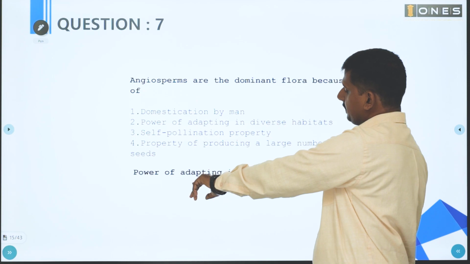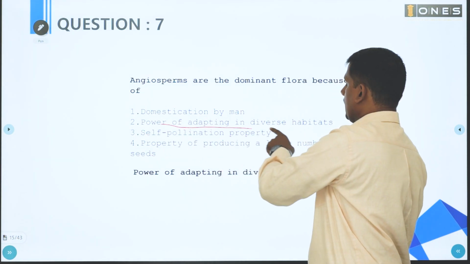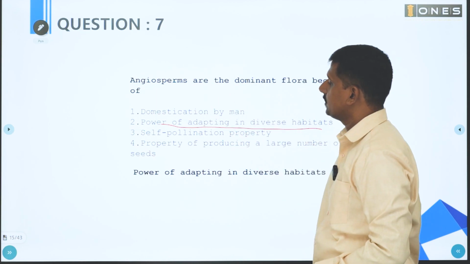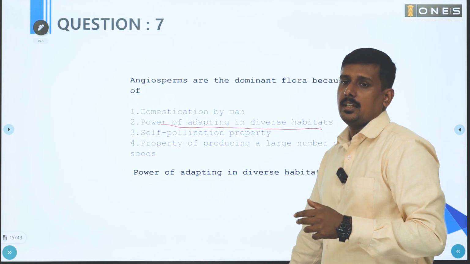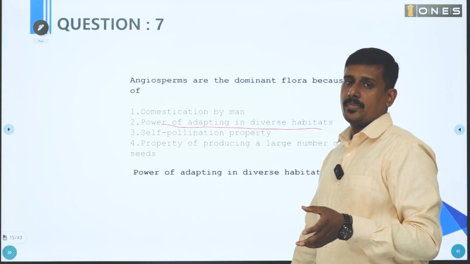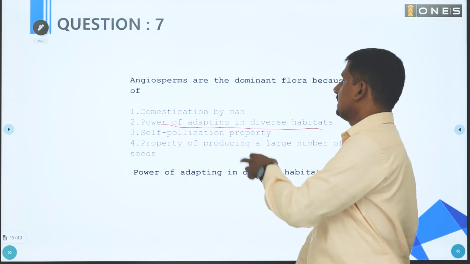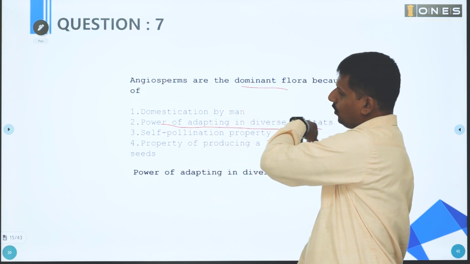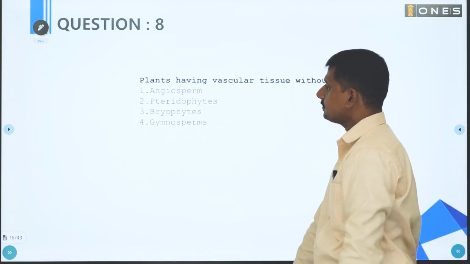The right answer is power of adapting in diverse habitats. Angiosperms can be seen in different types of habitat, even in extreme cold regions, drought prone areas and hot regions. That is the main advantage for angiosperms to become the dominant flora.